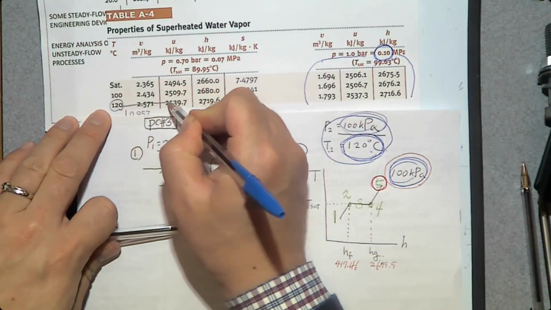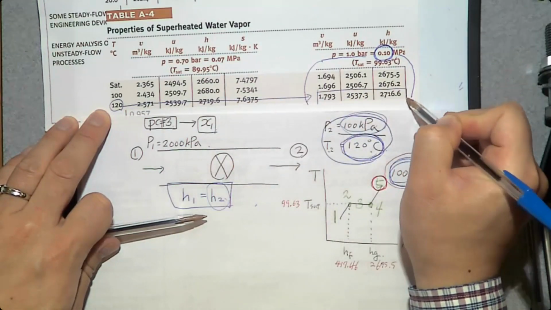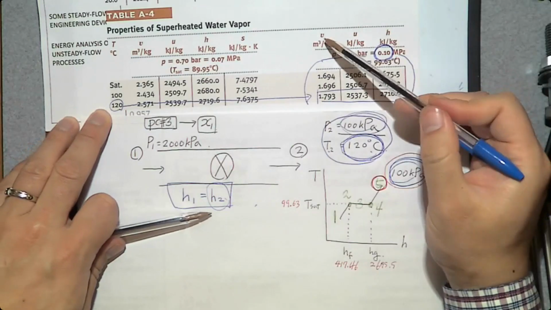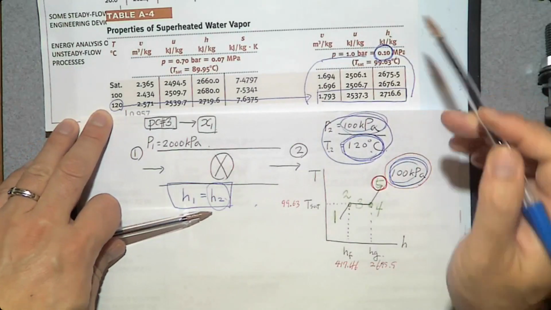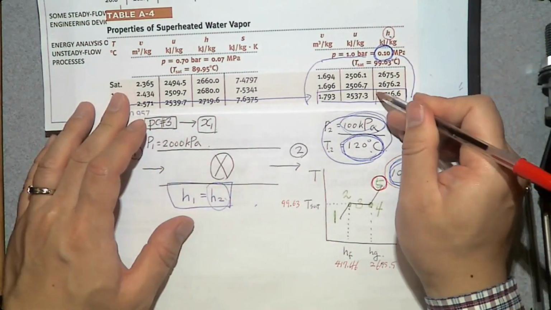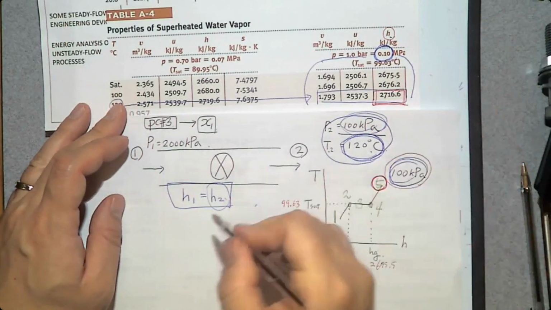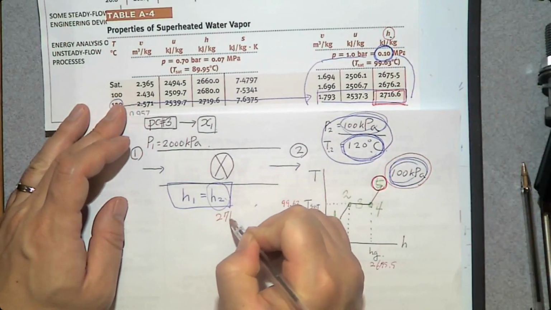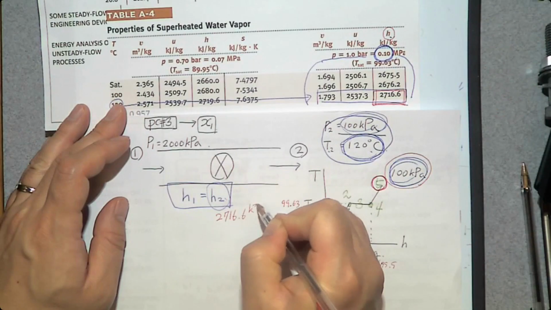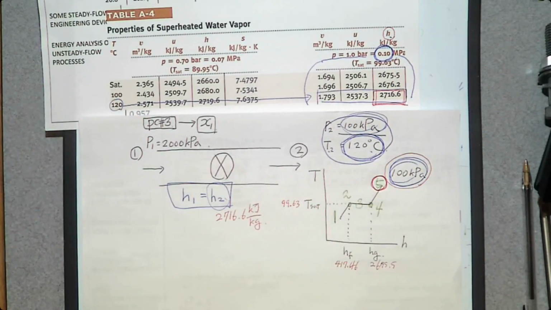So what is the property that we are looking for? These three. From v, u, h, we need h. So the property that we are looking for is 2716.6 kilojoule per kilogram. That is the specific enthalpy.